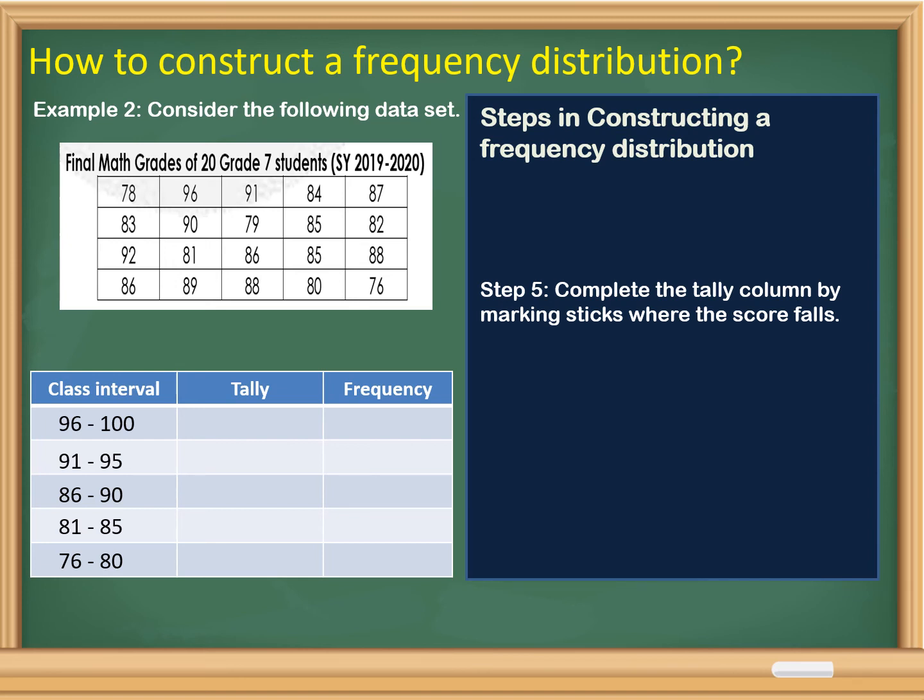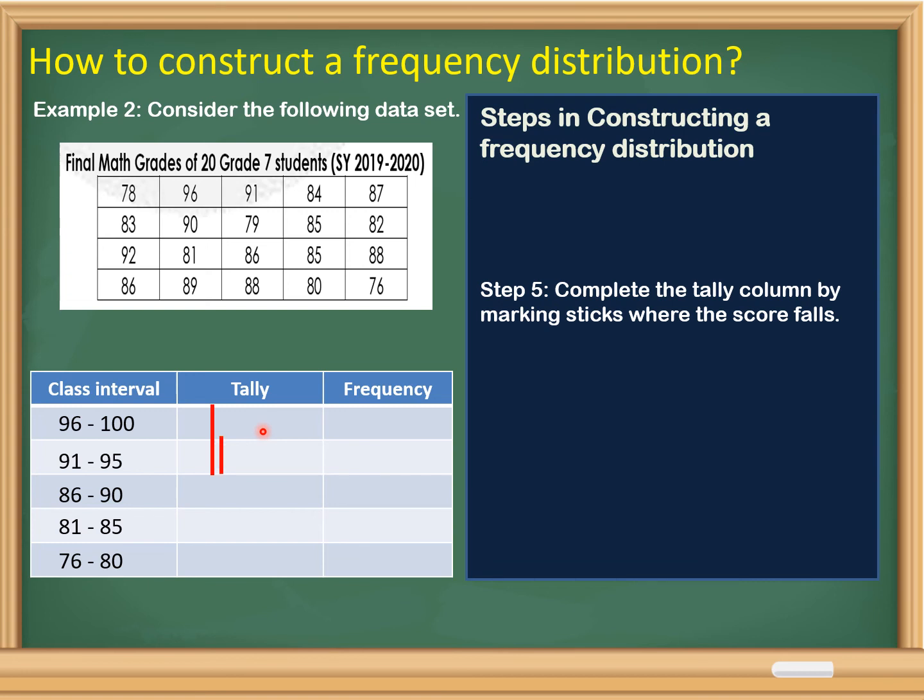In the first class interval, 96 to 100, there is only one stick because based on the data, the only score that falls in that interval is 96. If you look at the given set of data, again, 96 is the only score that falls in this class interval.